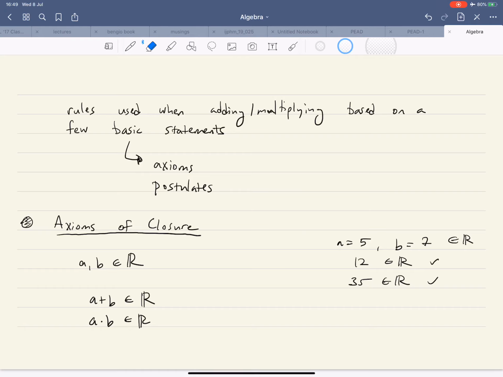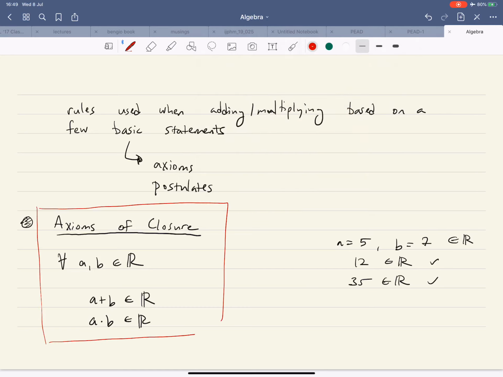And that's actually true. For all real numbers a and b, a plus b is going to be real, and a times b is going to be real. So that's our first two axioms.